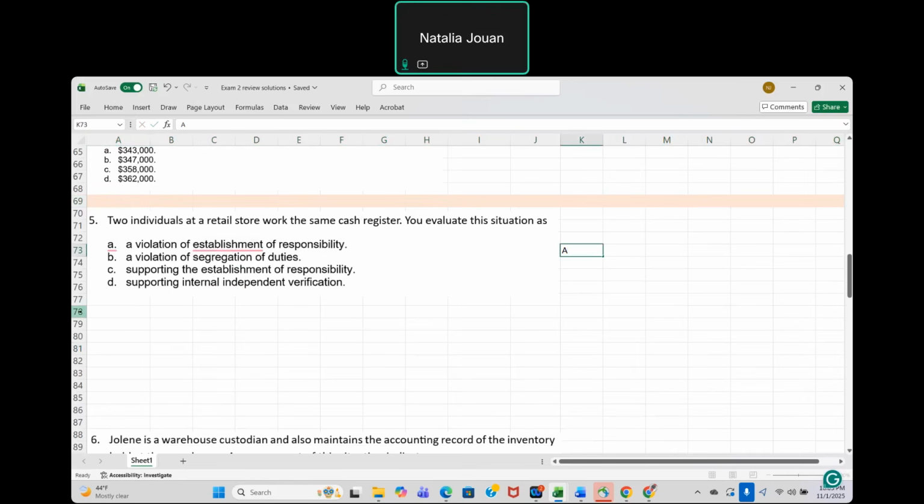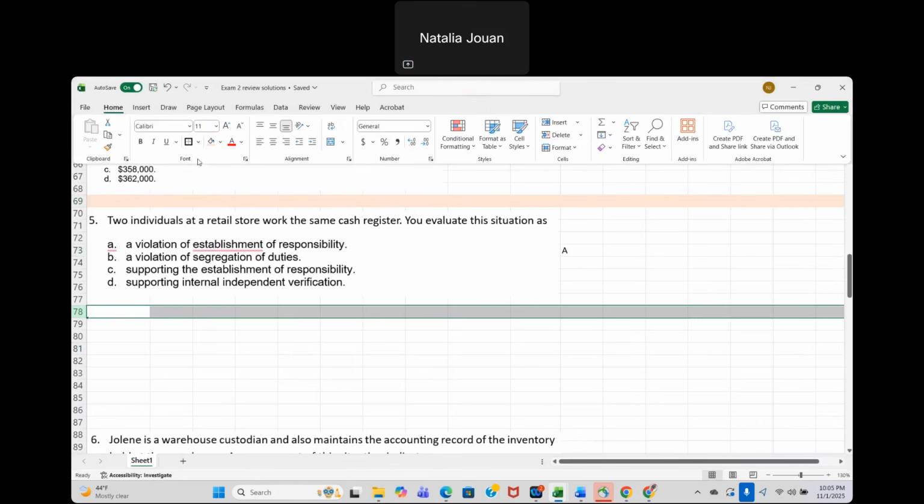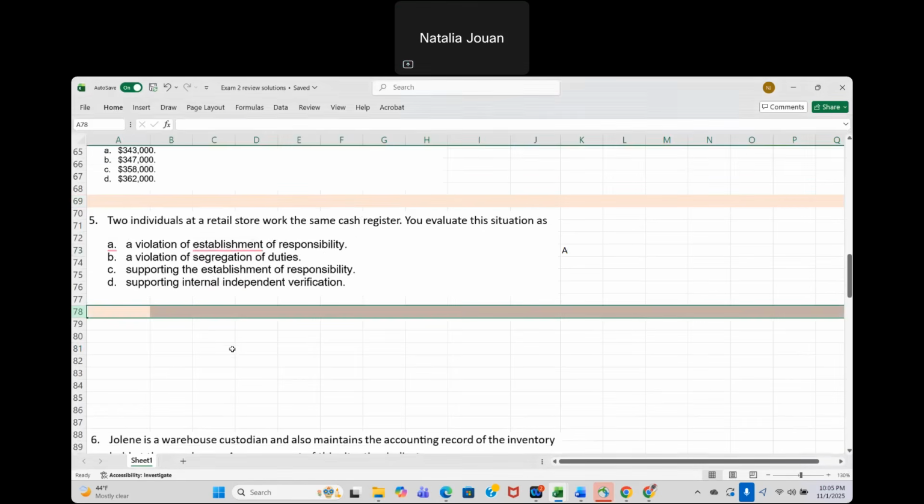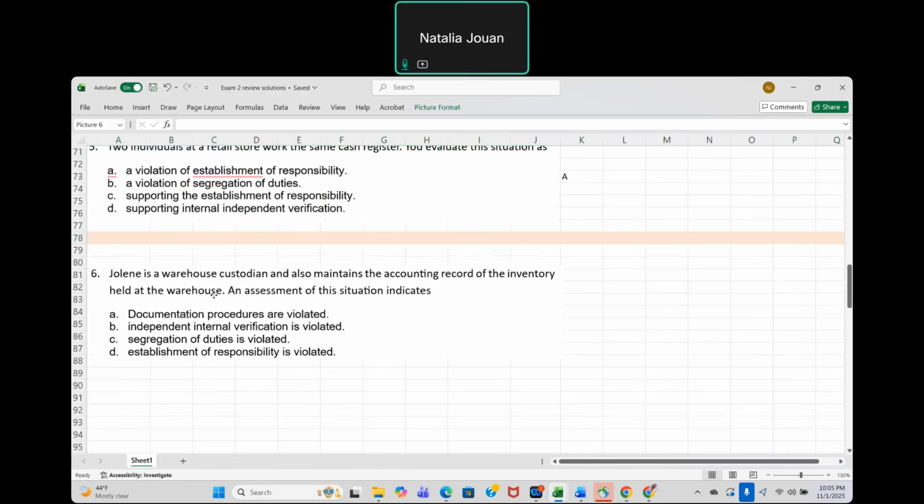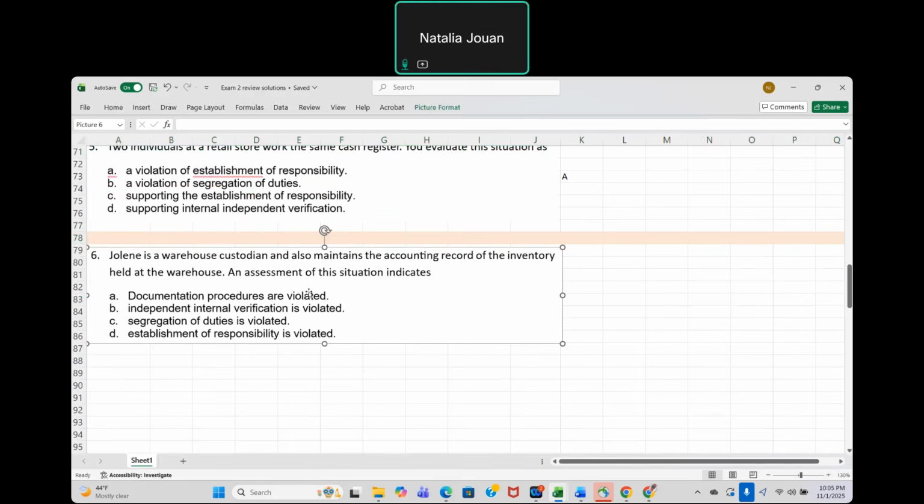The next case is the opposite. In the next case, let's pull it up. We have Jolene, who is the warehouse custodian, and it's one person, two activities. She's a custodian of assets, and also maintains the accounting records. So if the asset custody and the record keeping is done by the same person, we're not properly segregating duties.